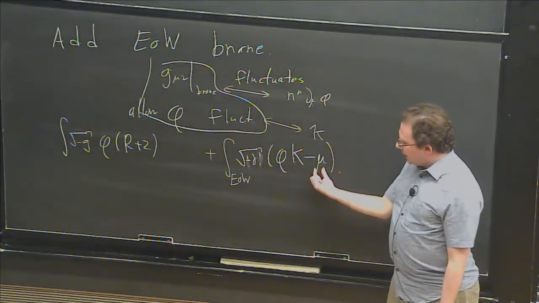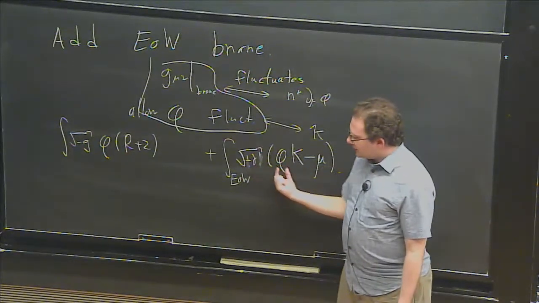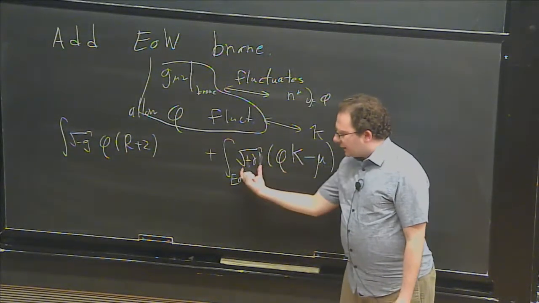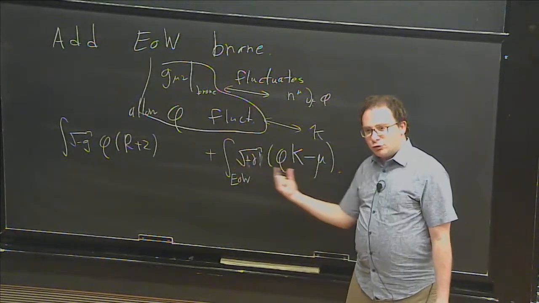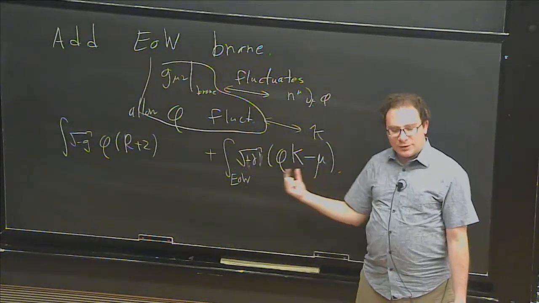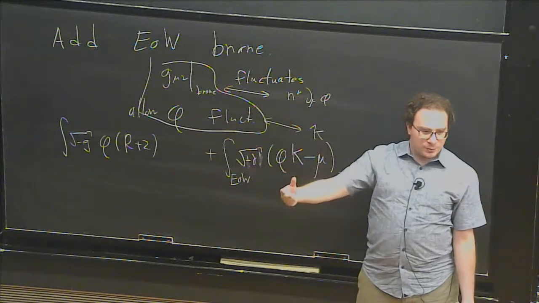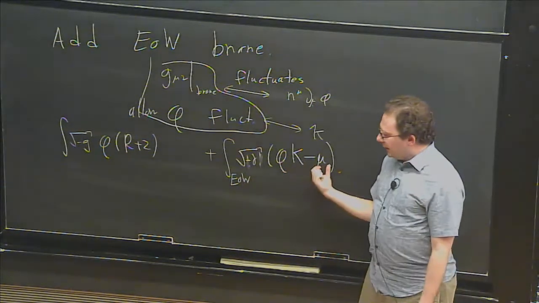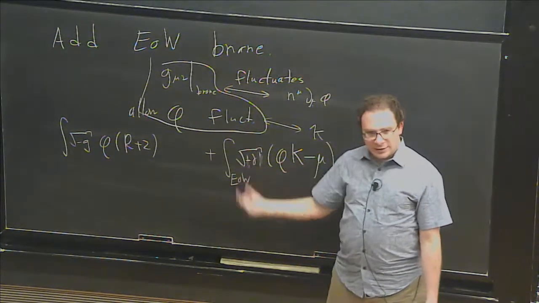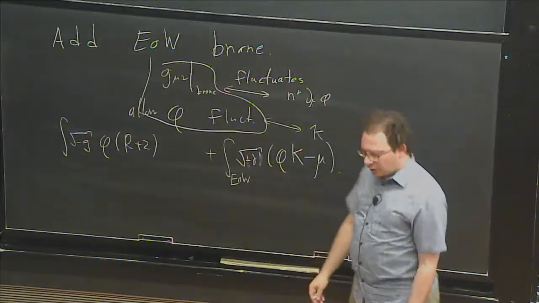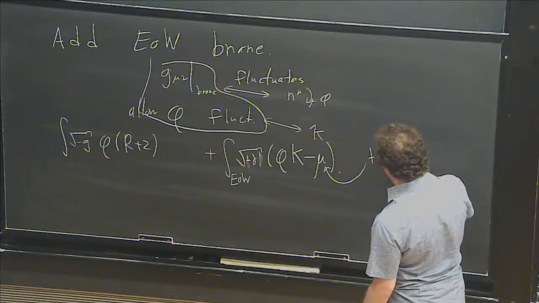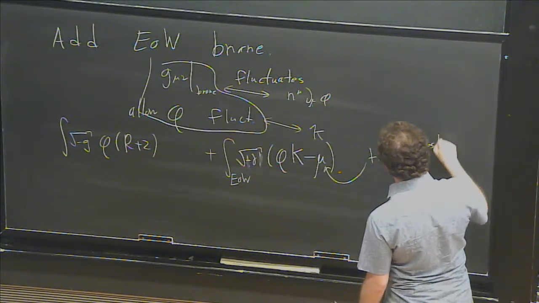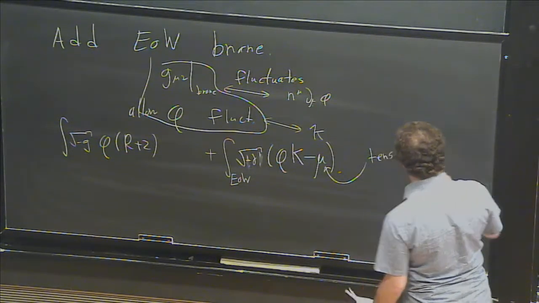And now we are free to add another piece where we don't put the dilaton, and it just measures the length of the boundary. So this is the rest mass of this brane, right? If we had a particle, this has a 0+1 dimensional world line, and the integral of a mass times the length is like the rest mass of this brane, or the tension of the brane. So we could call this the tension or the rest mass. Those are the same because the brane is 0+1 dimensional.